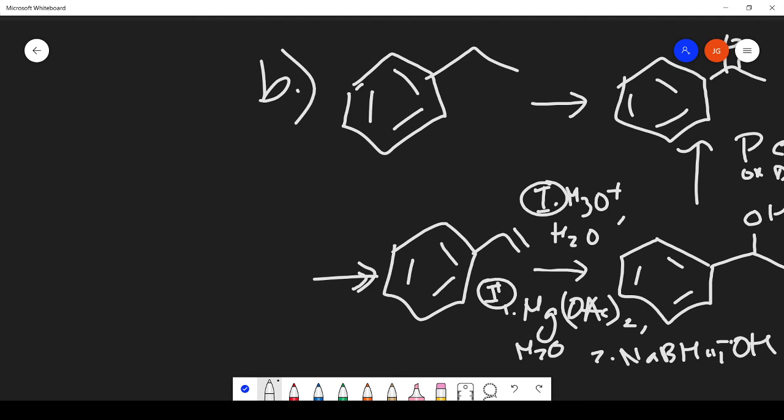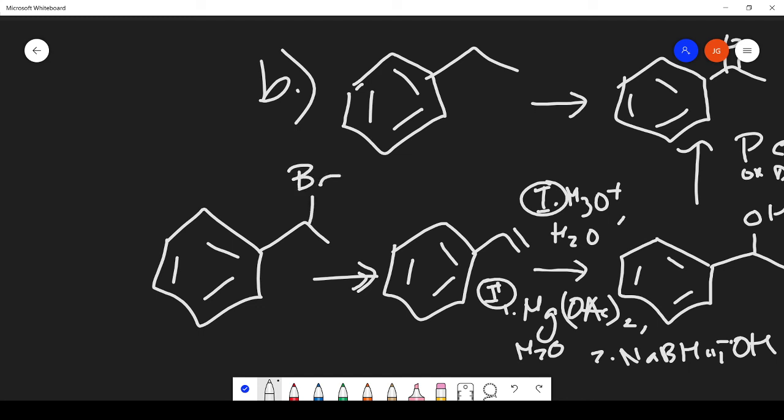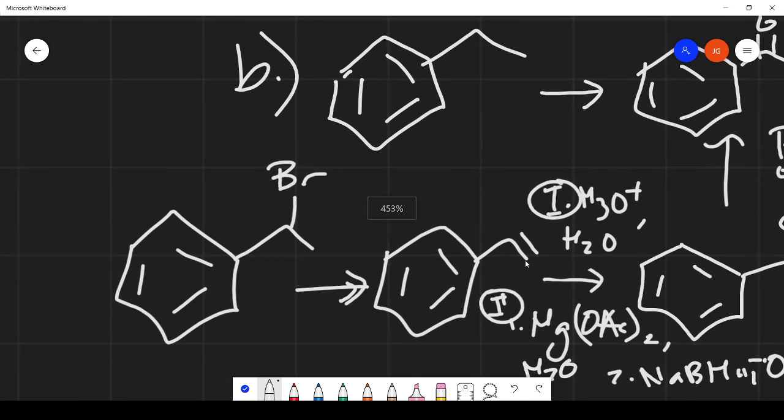So maybe we added a good leaving group. Well, a good leaving group is bromine. Bromine's a pretty good leaving group. And we performed an E2 reaction, and this E2 reaction gave us the less substituted alkene.